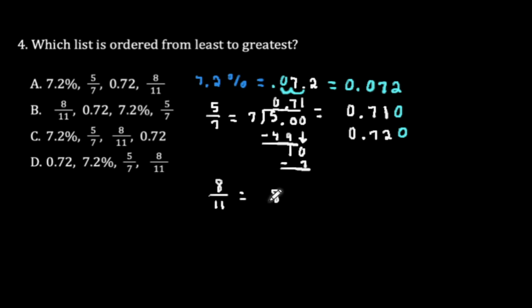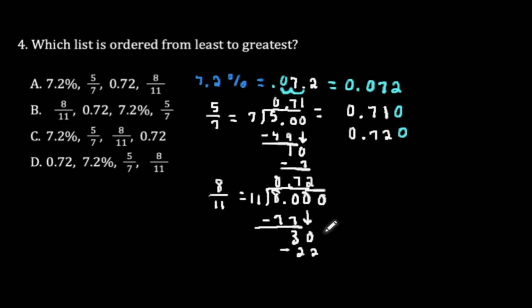So 8 divided by 11. We'll place decimal zeros here. This is 0. 11 goes into 80, how many times without going over? That's 7 times. So this is 77. Okay, 3. Bring down your 0. 11 goes into 30 without going over twice. So that's 22. So we have 0.72 here. However, it's not the same value as this, so we have to extend this out a little bit more.